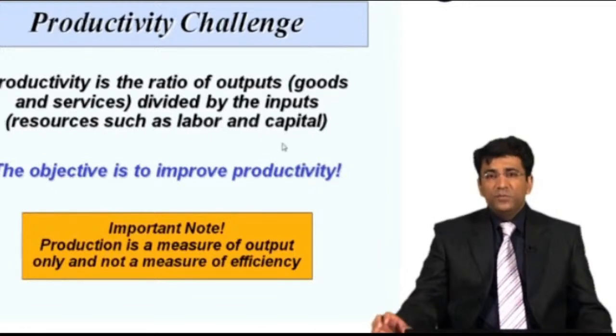And ultimately the objective in any organization is to improve productivity. Let me discuss here the difference between production and productivity as well. Production, students, is only a function of output, but productivity is a function of both output as well as input. So this is the relation between production and productivity.